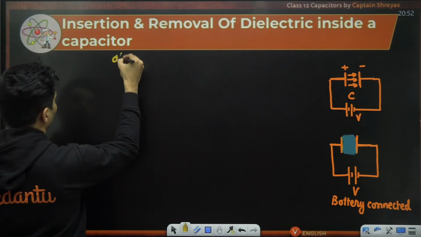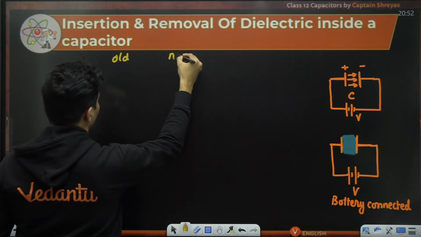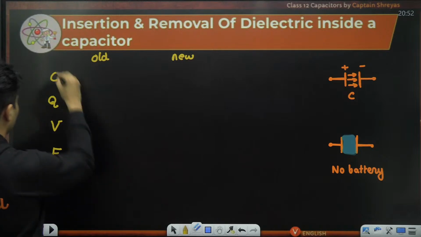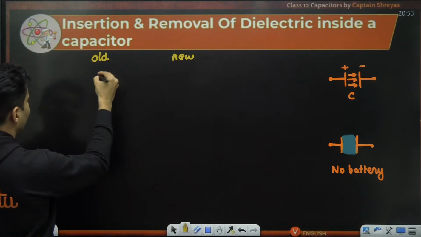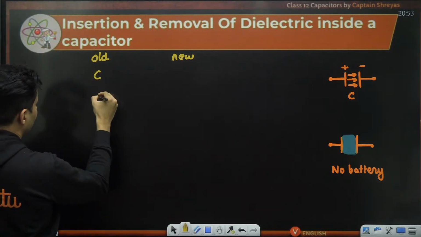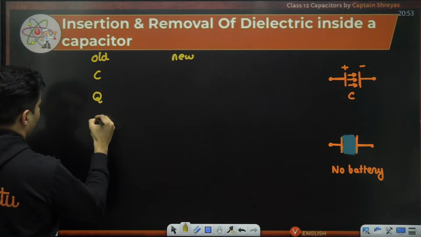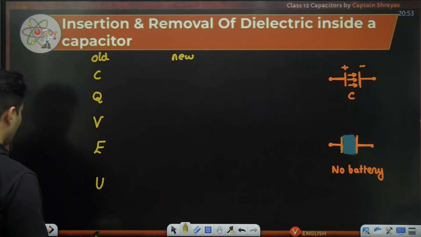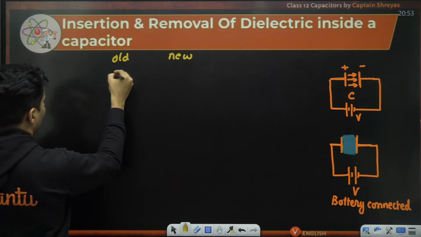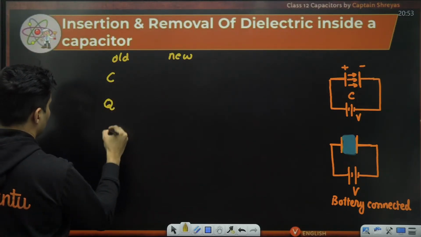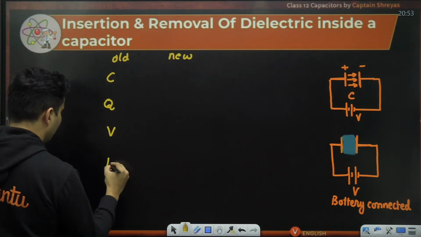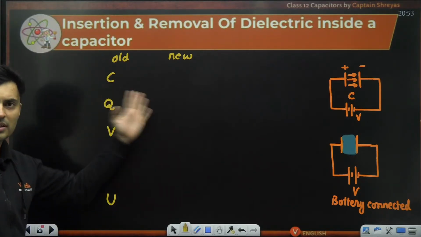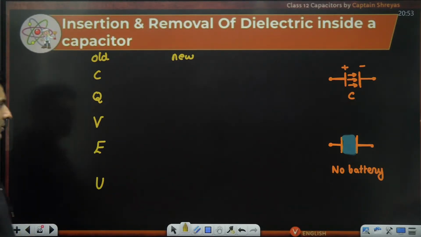The old values will be C, Q, V, electric field, and energy. Same thing over here: capacitance, charge, voltage, electric field, and the energy stored. These are the old values. We will see what will be the new values now.